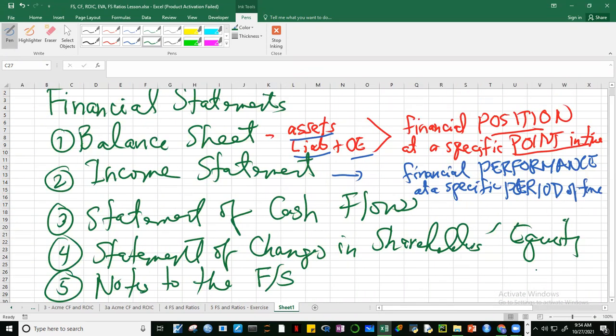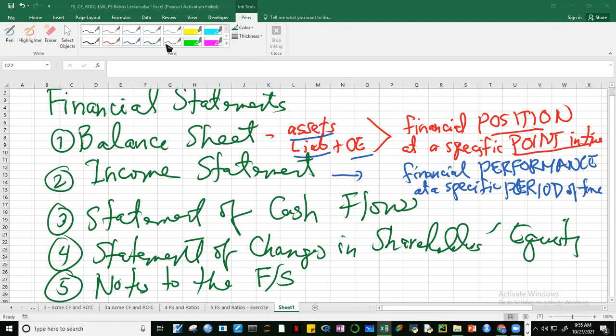How about the statement of cash flows, guys? What do we know about the statement of cash flows? Okay, Robert, yes, thank you. The statement of cash flows basically reports the inflows and outflows of the cash of the company. That's correct.